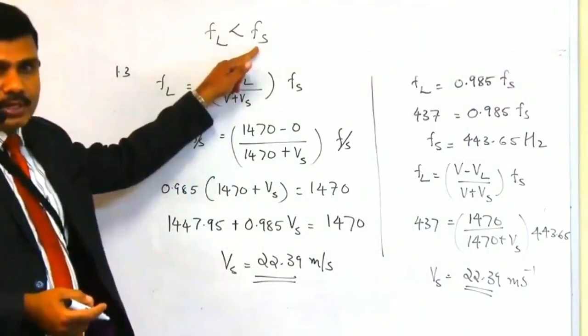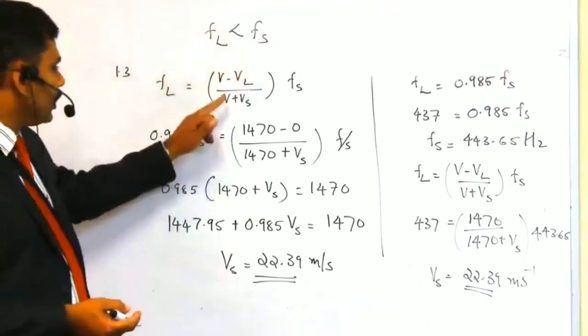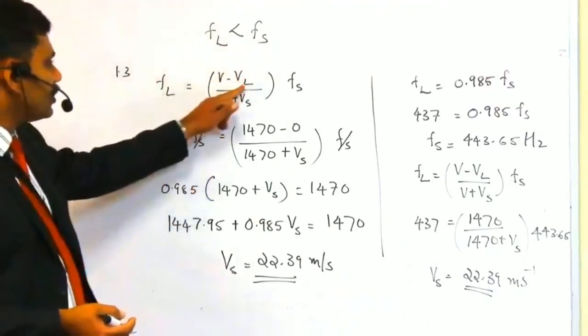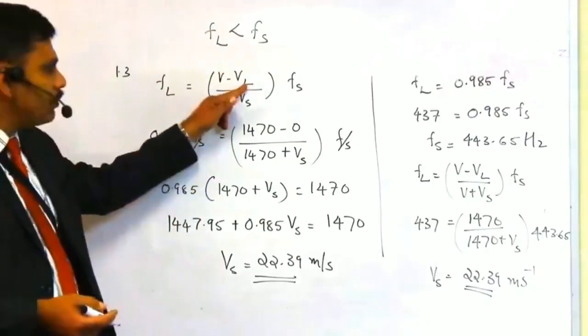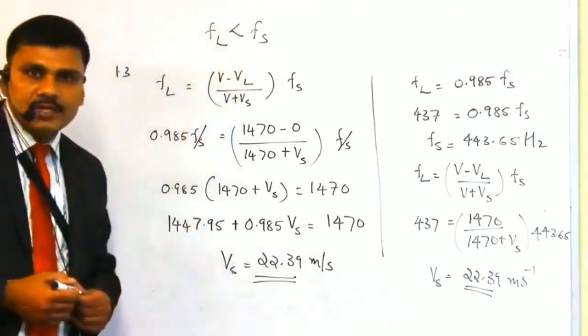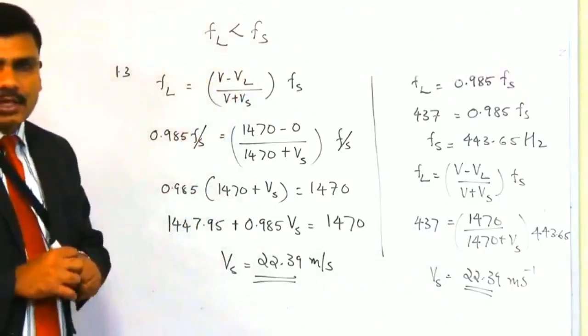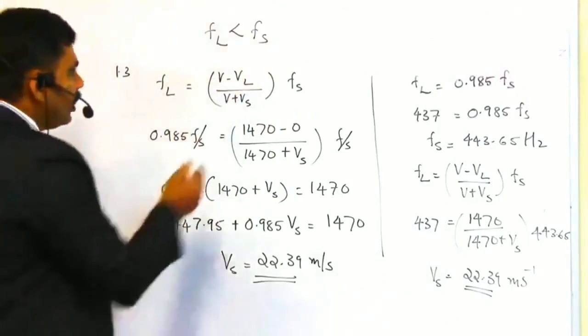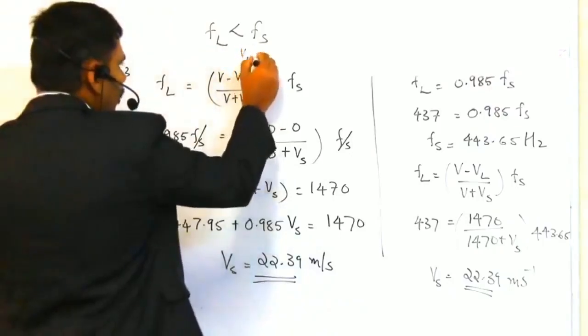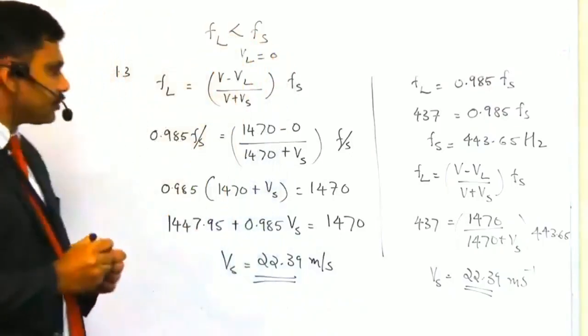From the question it is clear: VL is the velocity of the listener, which means the velocity of the submarine, and the submarine is at rest, so VL is 0.